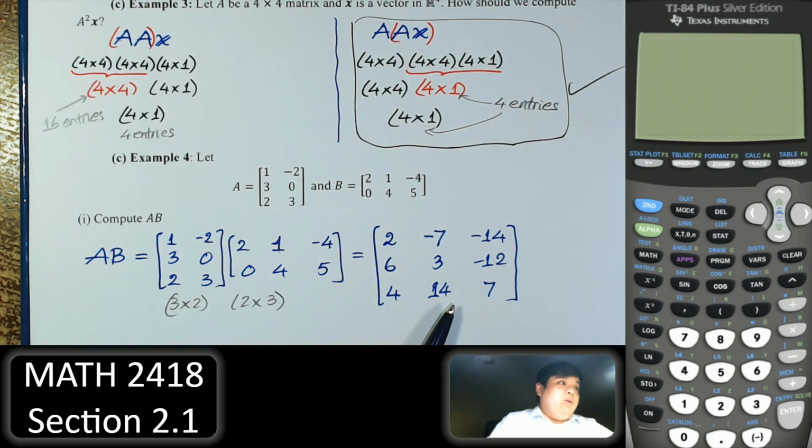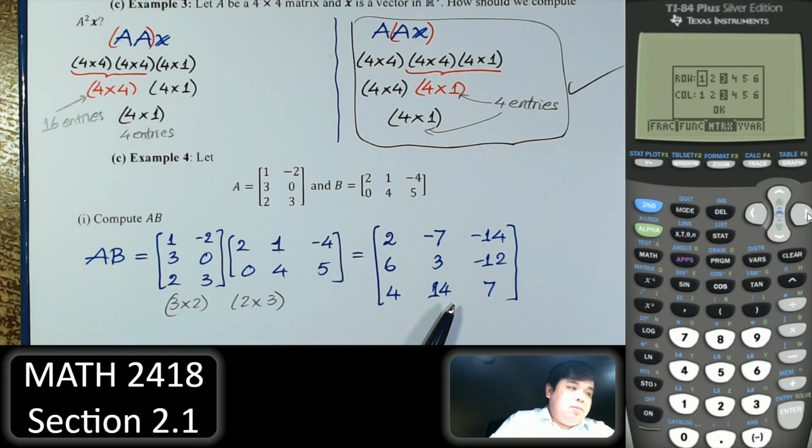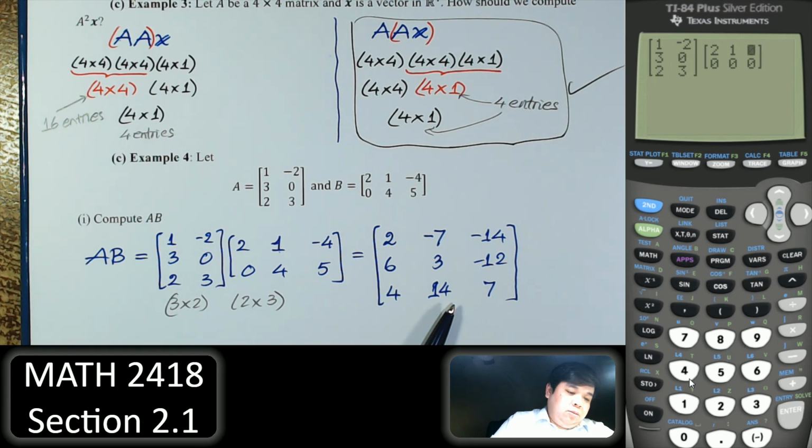I'll just use the calculator to confirm what we have here. Three rows, 2 columns. It's -4.